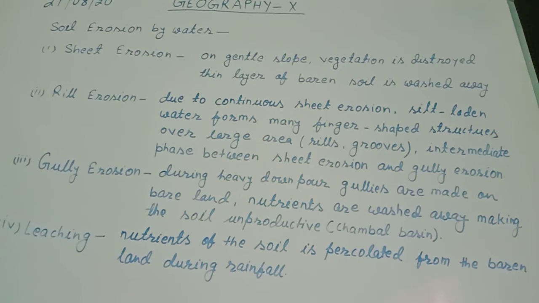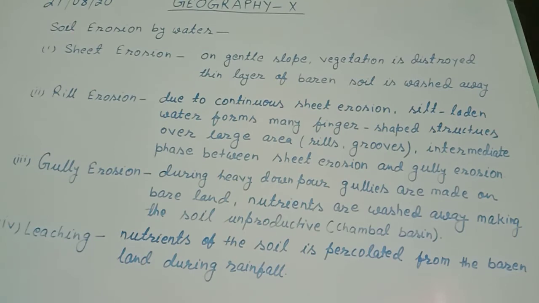All the types of soil are completed, and today the topic of our discussion is soil erosion. There are several agents involved in soil erosion. First of all, a little introduction about soil erosion.